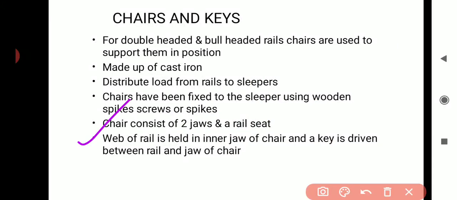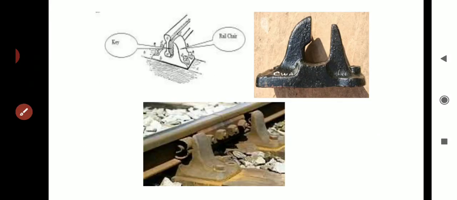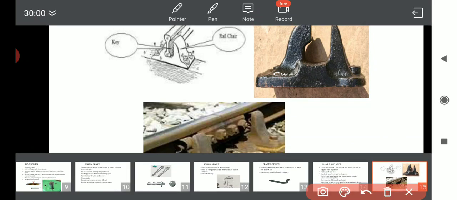The next point is that the web of the rail is held in the inner jaw of the chair and a key is driven between the rail and the jaw of the chair. Here you can see this is the rail, and this is the chair.